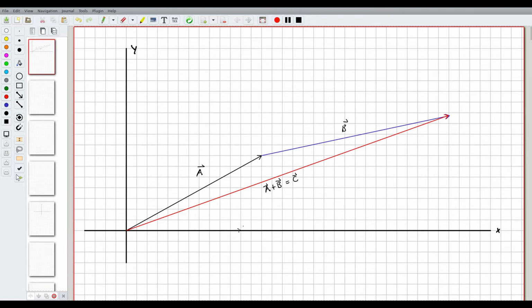So we'll start with A first. Now let's do B. And then we'll do C. I always draw from top down on paper.